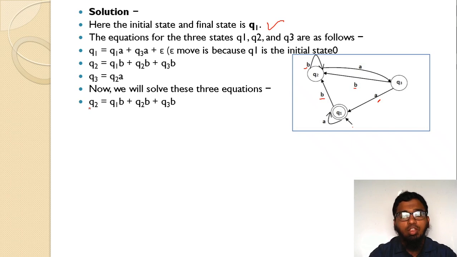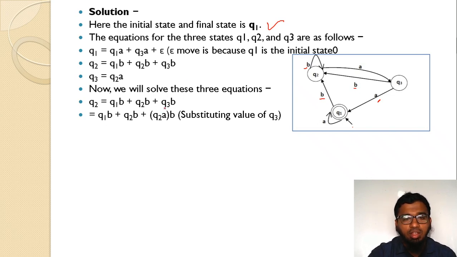From Q2 the same equation is written. Next, I am substituting Q3. What is the value of Q3? Q2A. So Q1B and Q2B are the same, and in place of Q3 I am writing Q2A. This is substituted, and whatever the B value is here stays as it is.